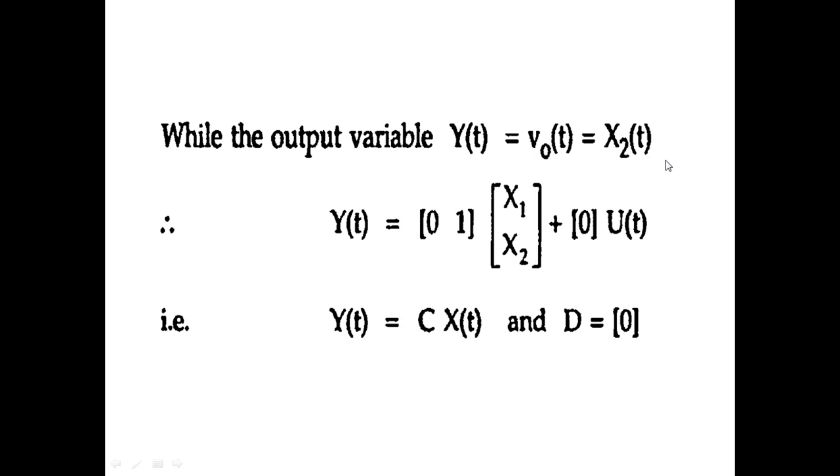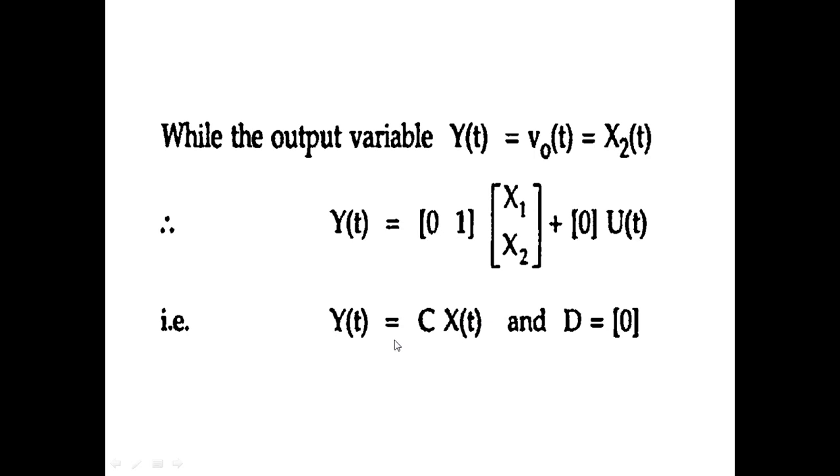We have only the second state variable here. So the x1 coefficient is 0, the x2 coefficient is 1. This is a row matrix and we don't have any input here, so the input coefficient is 0. So the D value is 0 and the C value is 0 and 1. So this is the output matrix.